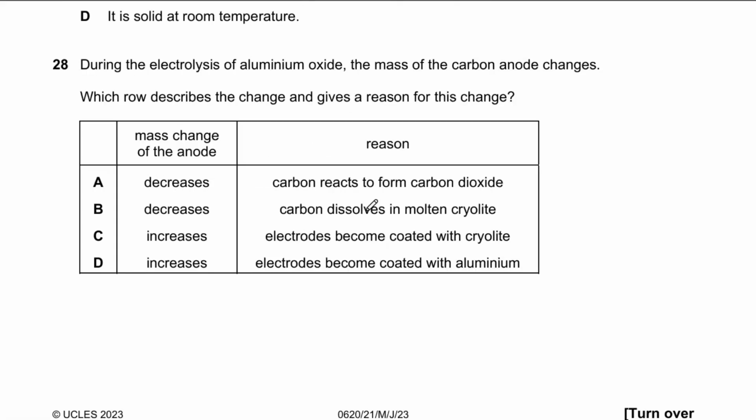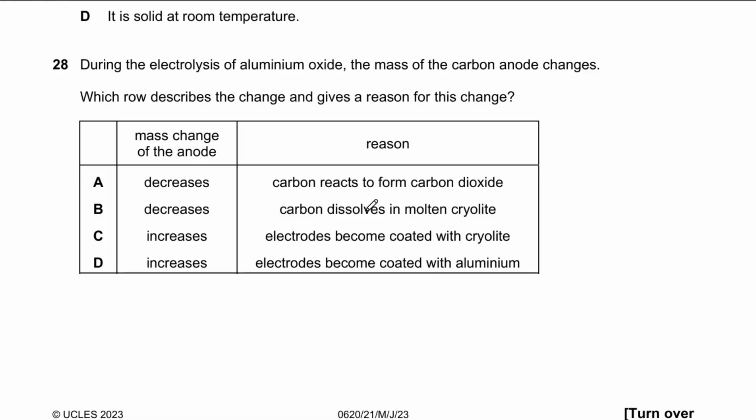Question 28. During electrolysis of aluminum oxide, the mass of the carbon anode changes. Which row describes the change and gives a reason for this change? Now, the mass will decrease. This is because it will react with oxygen and then it will form carbon dioxide.